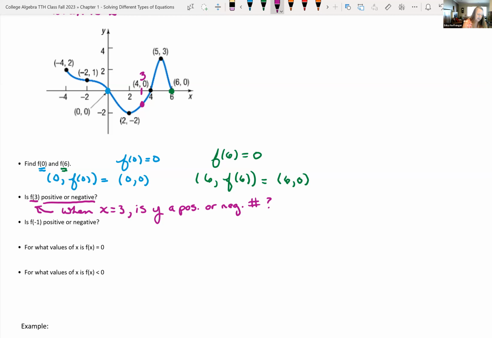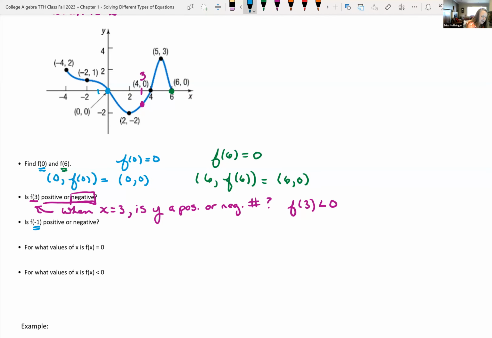So it is negative. Another way to write that is f of 3 is smaller than 0. It wants to know, is f of negative 1 positive or negative?